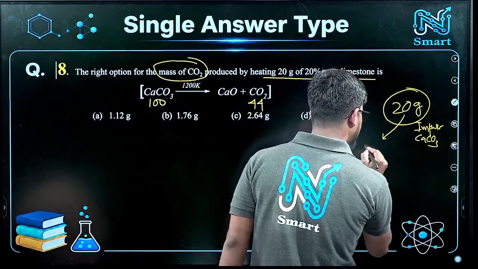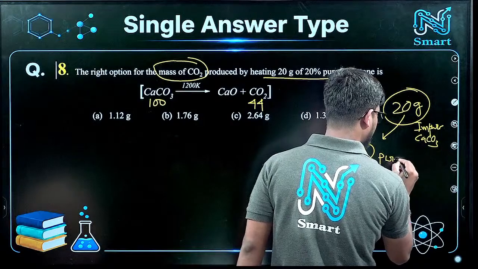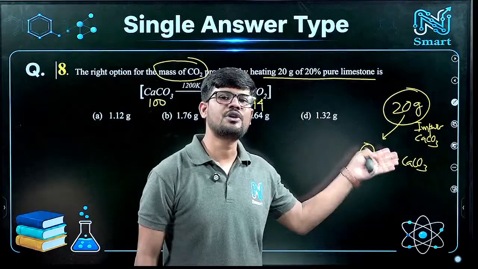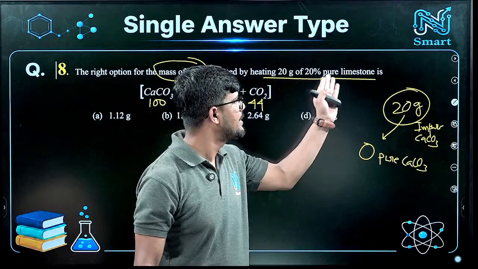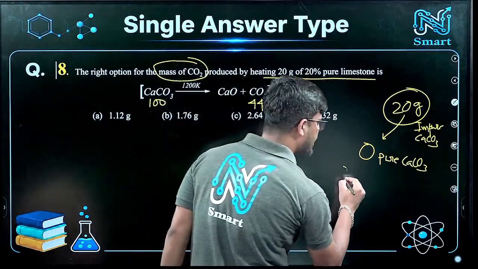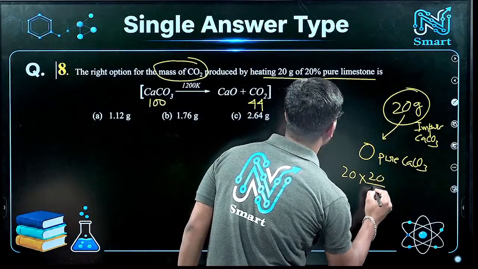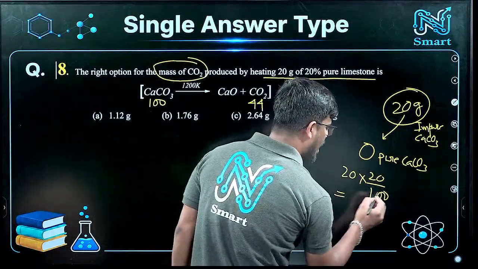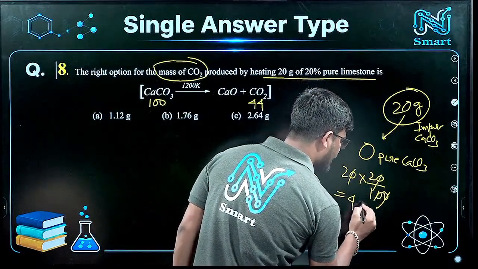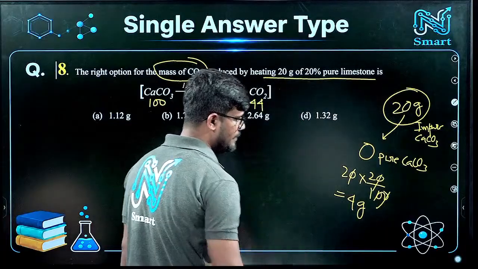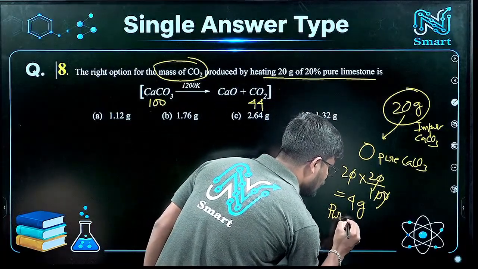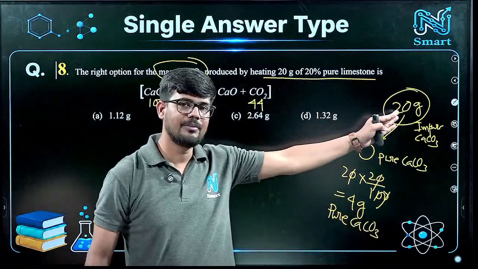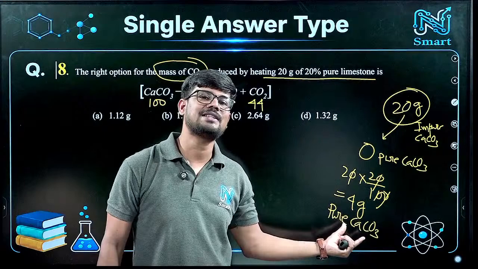How will we calculate how much pure calcium carbonate you have? 20 into 20 by 100, correct? Out of 20 gram, only 4 gram is pure calcium carbonate.